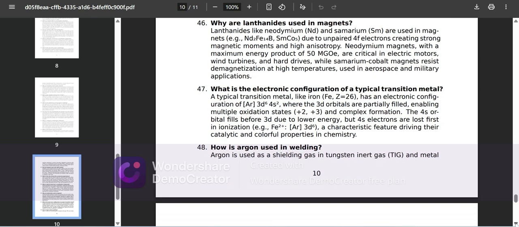Why are lanthanides used in magnets? Lanthanides like neodymium (Nd) and samarium (Sm) are used in magnets, Nd2Fe14B and SmCo5, due to unpaired 4f electrons creating a strong magnetic moment and high anisotropy.